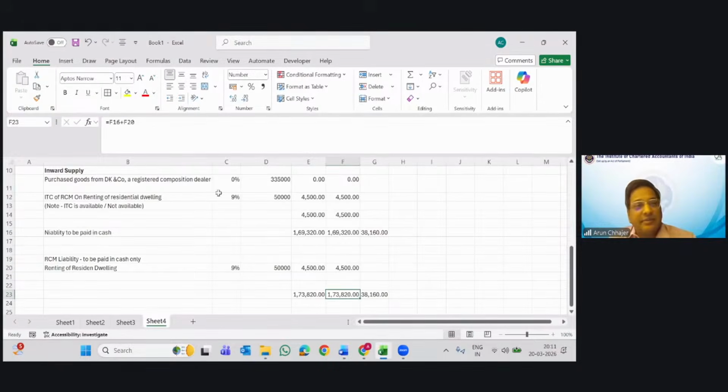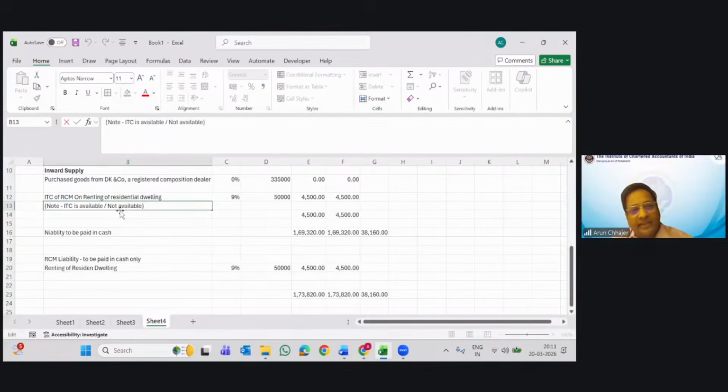See, RCM ITC available or not available depends upon your assumptions. I can say that MD is related to my business and I have given the facility, so ITC would be available and it is in the course of furtherance of business. Parallelly, I can say that because it is a purely residential personal purpose, even though the company is incurring the expenditure, ITC will not be available.